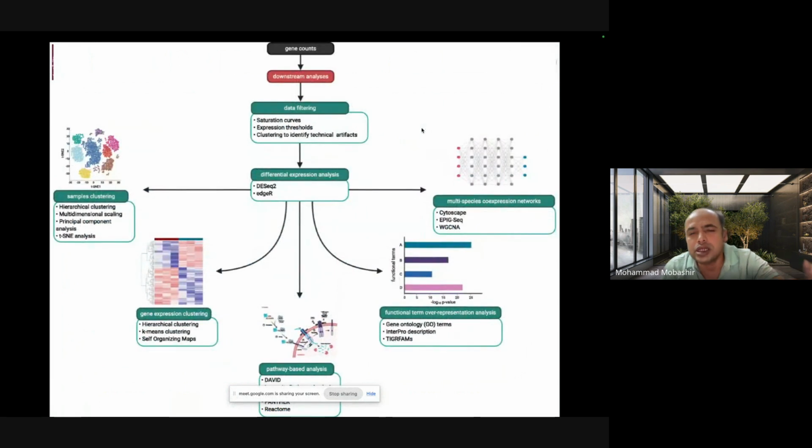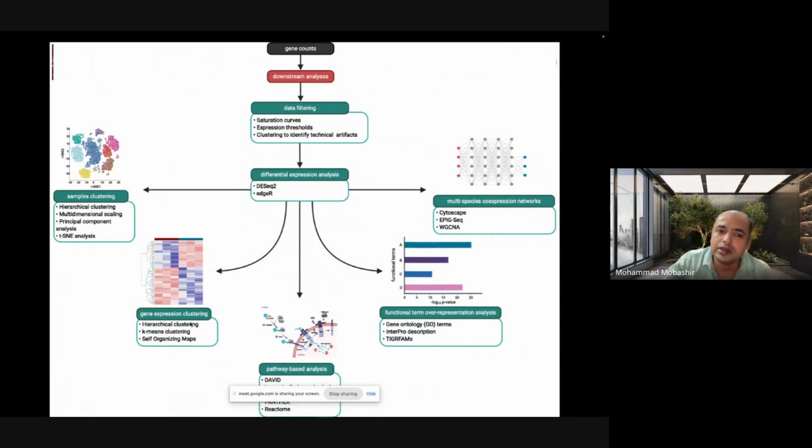Now, this is the summarized pipeline. If you are doing the differentially expressed genes analysis by using DESeq2, then it could look like this, from here to here you have to come. Or EdgeR is also one of the tools which is used for the differential fold change calculation or p-value calculation. Then you can think about further analysis, for example, sample clustering, then multiple species network, co-expression network.